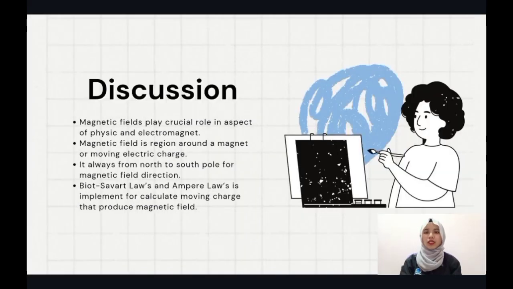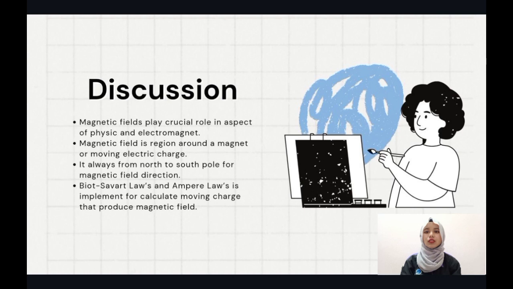For discussion, the magnetic field holds immense significance in various domains, including physics and engineering. Magnetic fields are regions surrounding magnets or in the vicinity of moving electric charges, where the force of magnetism manifests itself. The intrinsic nature of a magnetic field entails a consistent directional orientation: it always points from the north to the south pole.